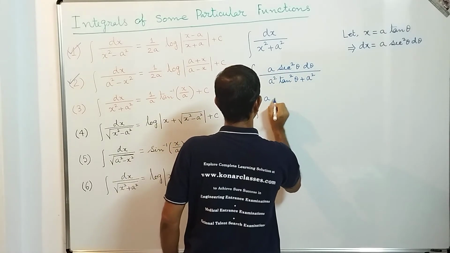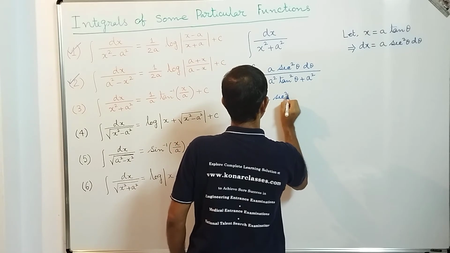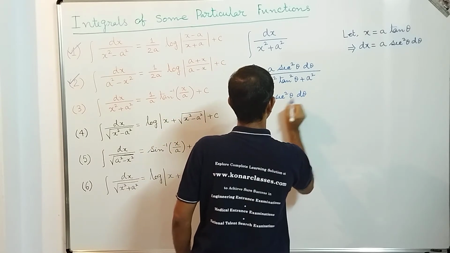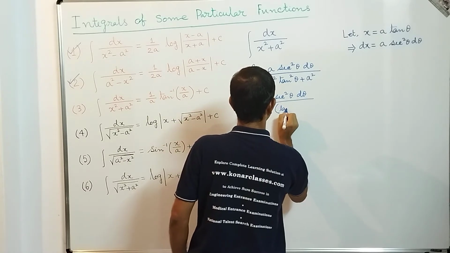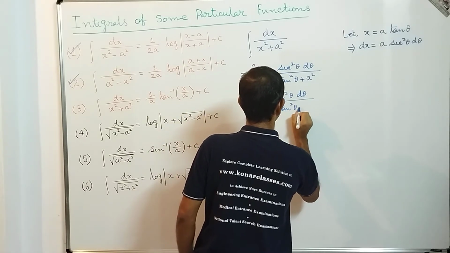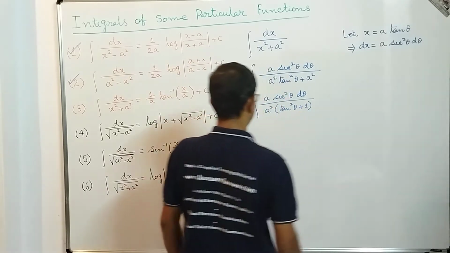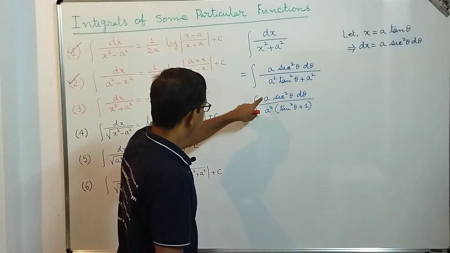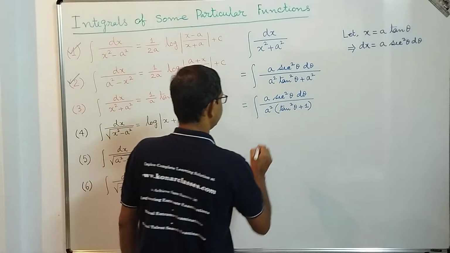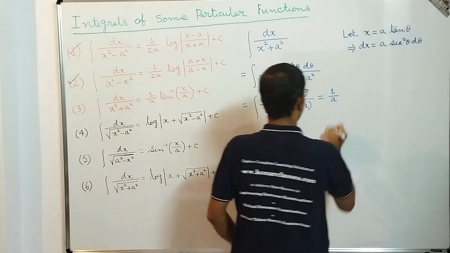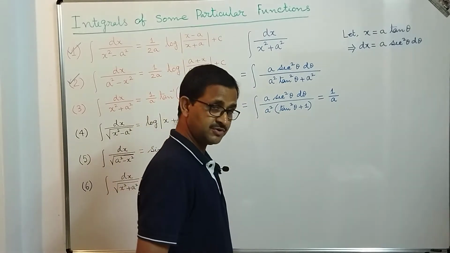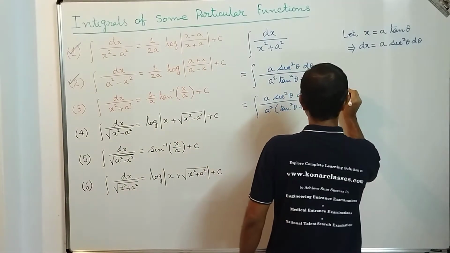Integration a into sec square theta d theta divided by a square into tan square theta plus 1, correct? So now this a and a square will get cancelled, and what we will get here? Let me write it here. So we will get 1 by a, and we can take it out of the integration because it is a constant.